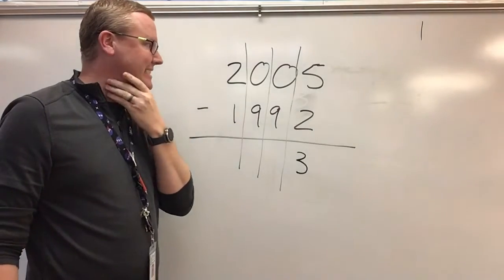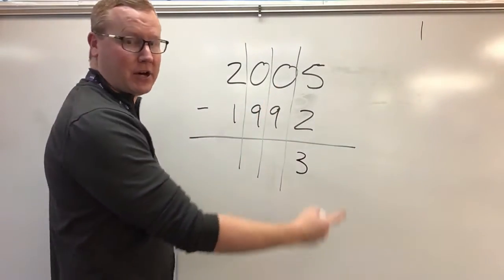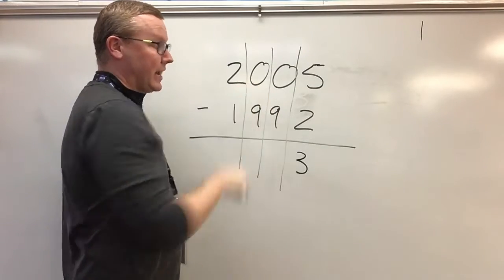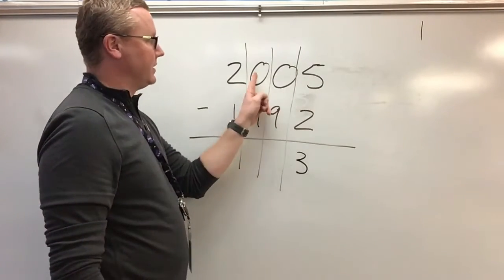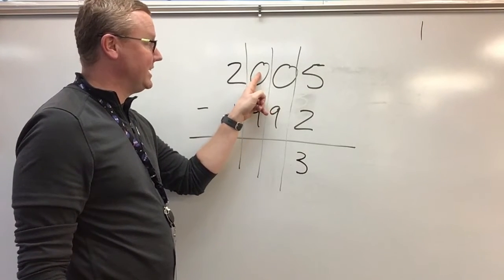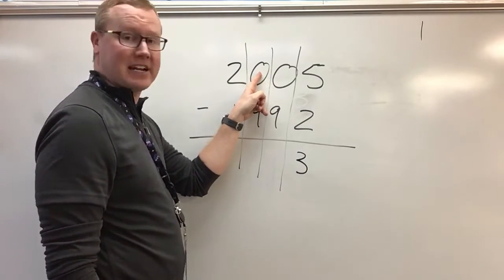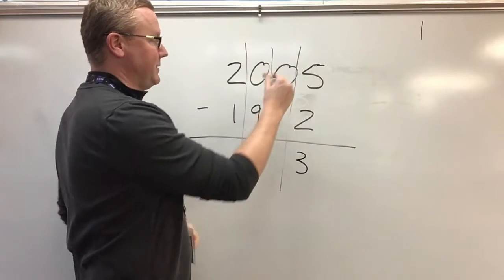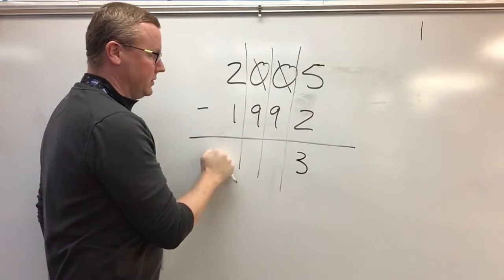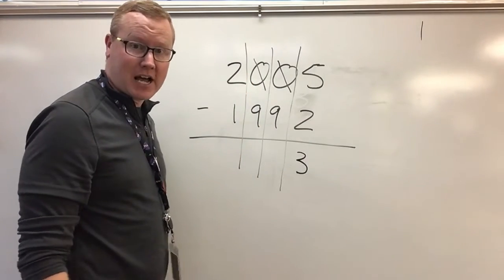I can't do that. So I'm going to have to go, yoo-hoo, neighbor. Can I borrow some? And so we're going to go to our next place value. Unfortunately, this guy doesn't have any to borrow either. So we can't use this one, we can't use this one. This guy's got to go, yoo-hoo, neighbor, can I borrow some?